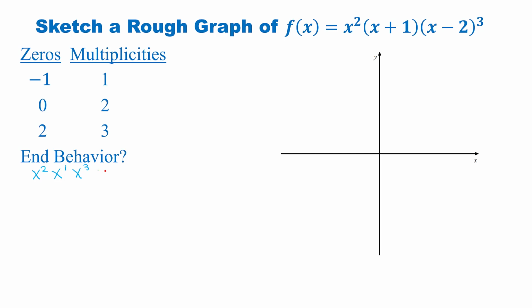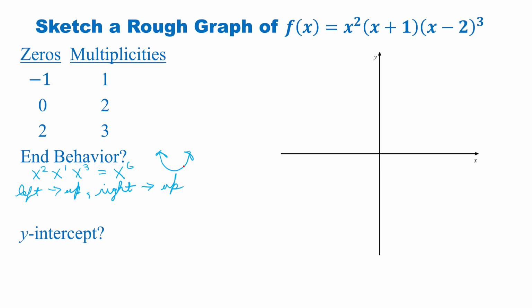So the end behavior would be like x to the 6th. So that's a positive x raised to an even power. The end behavior would be like y equals x squared. So as we go left, we go up, and as we go right, we also go up.